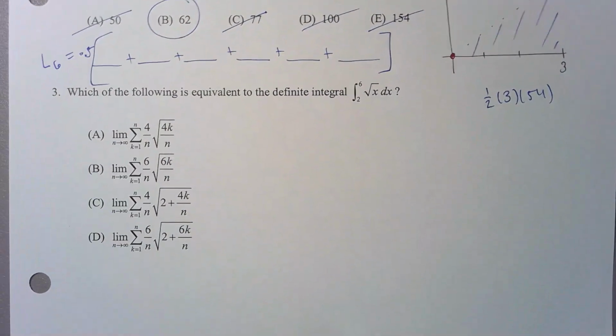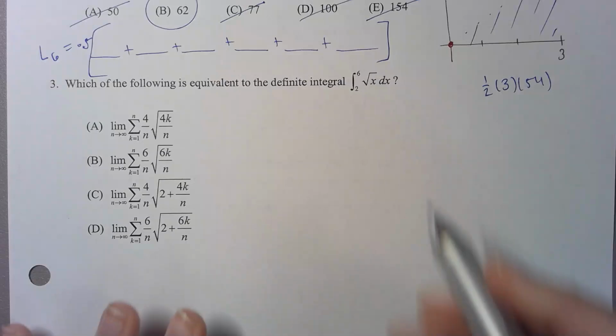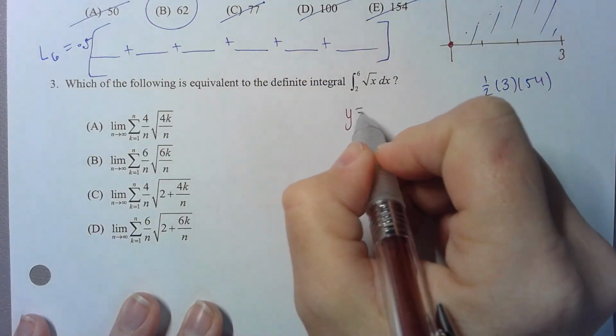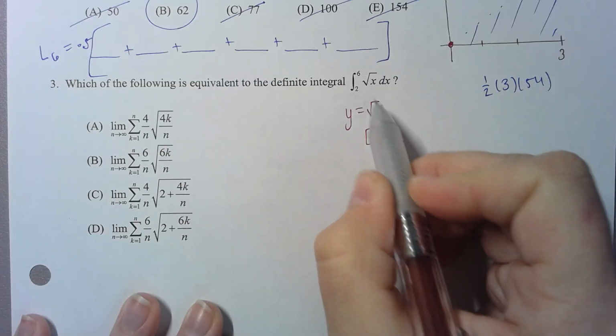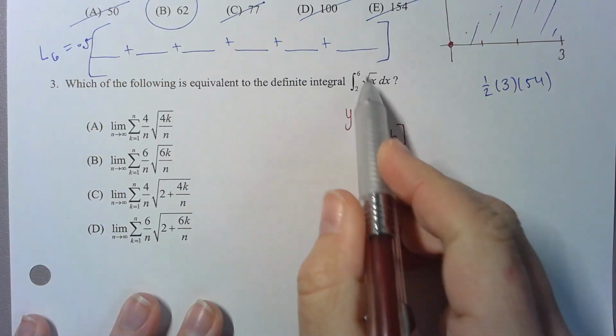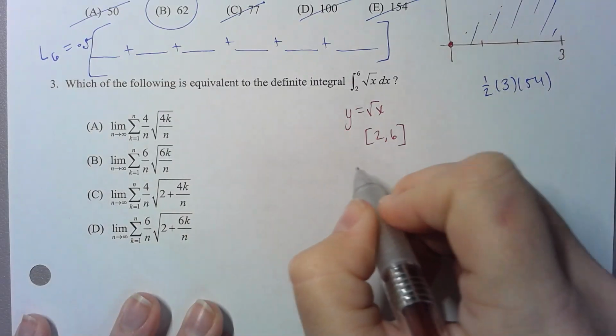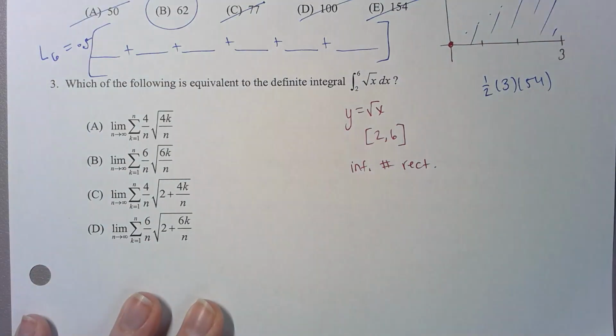Okay. All right, let's take a look at 3. They want to know which of the following is equivalent to the integral. So remember, an integral is saying find the area under the curve, y equals radical x, from 2 to 6. And if we're finding the exact value, we are using an infinite number of rectangles.